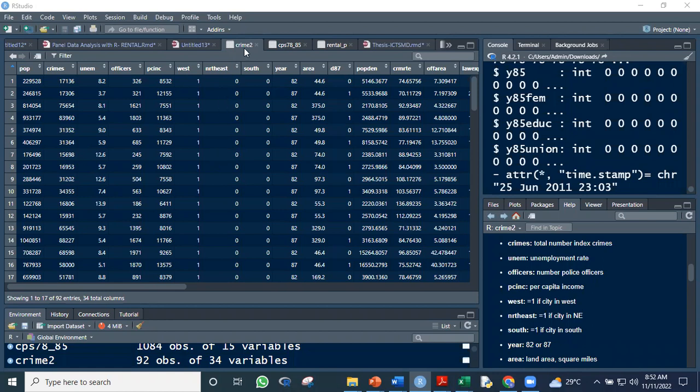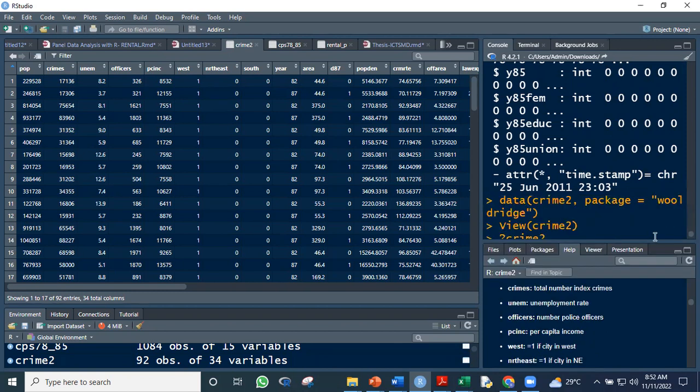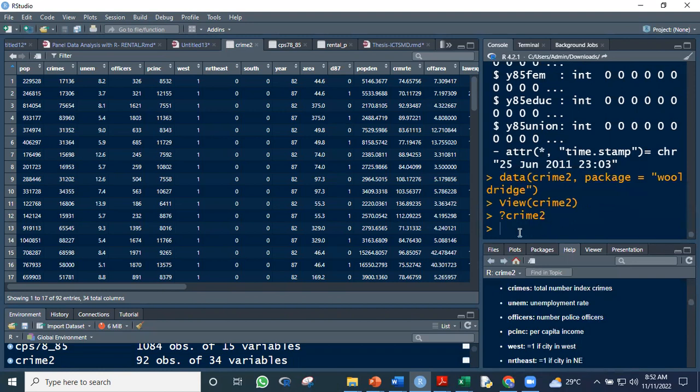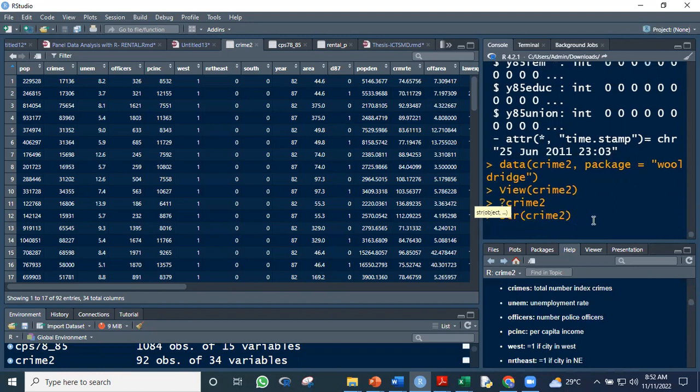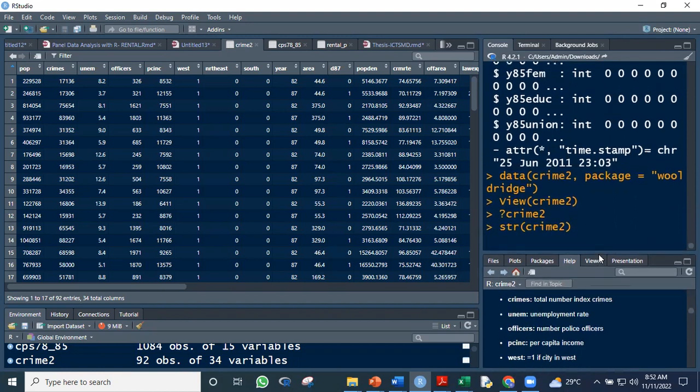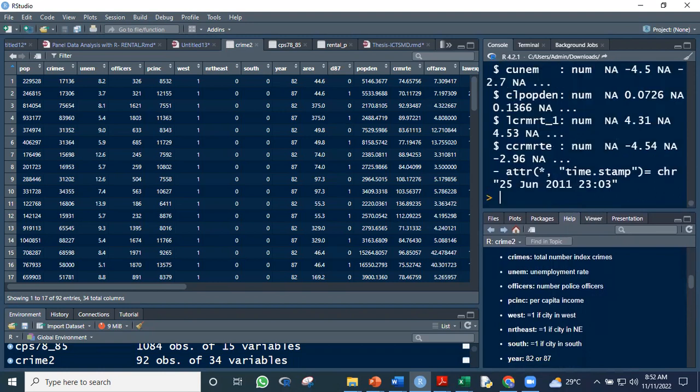So, ito, pwede ba nating ma-convert into panel data to? Kasi si crime, let's take a look at the structure of crime. Si crime 2, ang structure niya, it's a data frame, no?